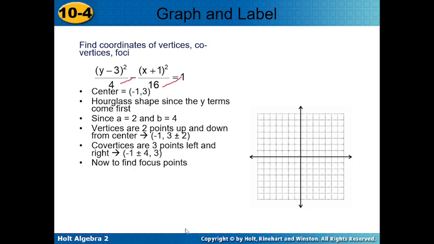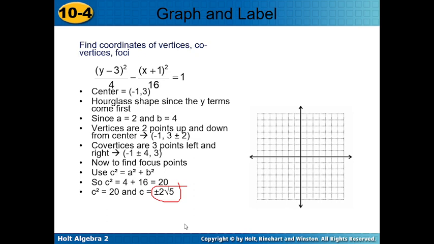So we substitute, and 4 plus 16 is 20. Then we have the value of c, which is the square root of 20, or positive and negative 2 square root of 5. You could simplify it to the lowest term, or just simply write it as square root of 20.